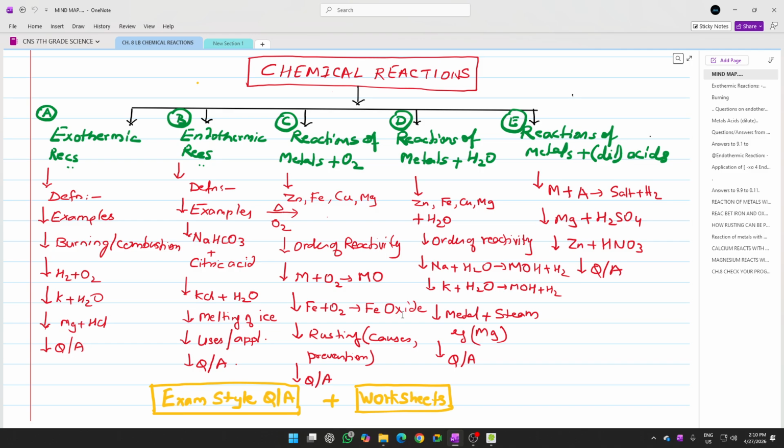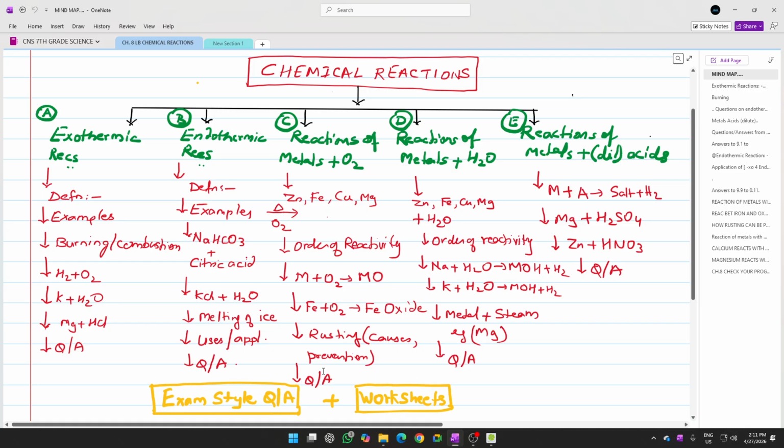So whenever iron reacts with oxygen in the presence of air, and of course moisture is also needed for rusting, and in air moisture is also there. So oxygen and moisture both are responsible for rusting. That rusting also we are going to study in this particular section. What are the causes and what are the measures for preventing rusting? That also we are going to study.